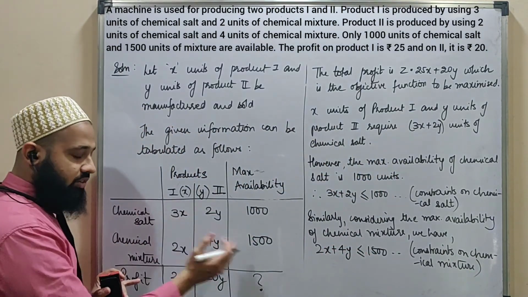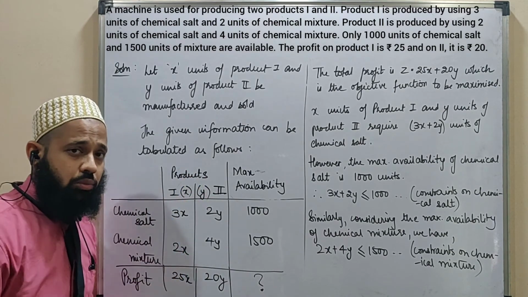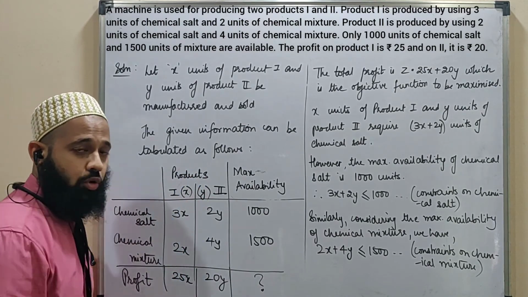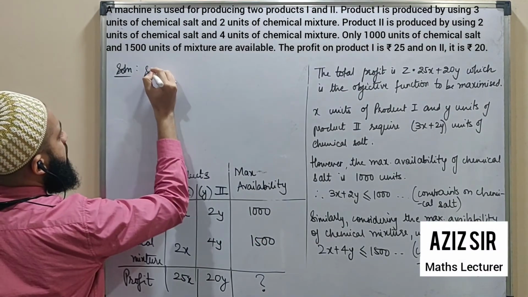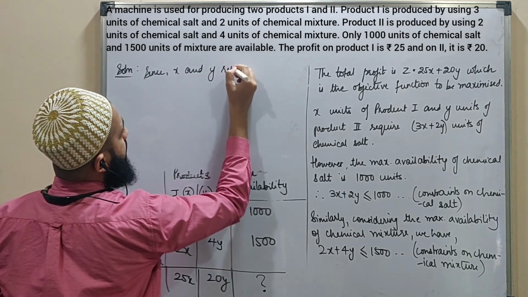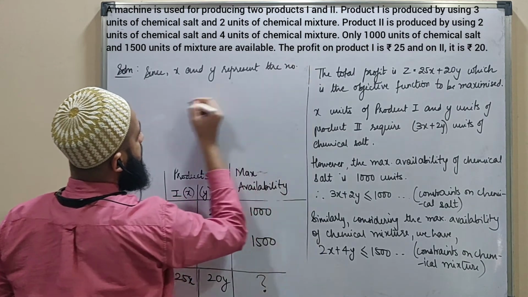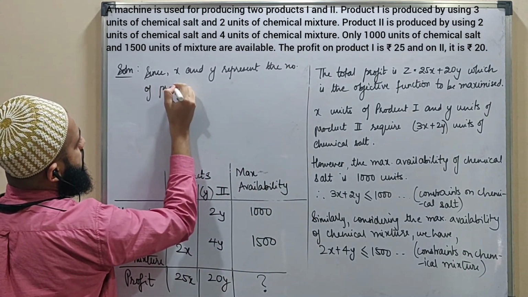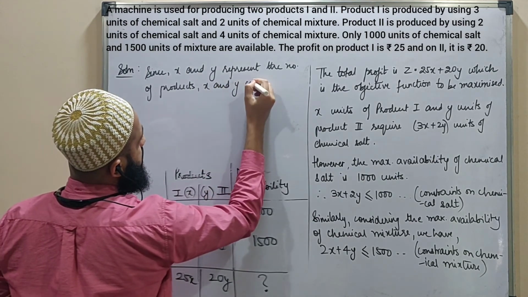So you are ready with your 2 constraints. Now the hidden constraints, that is the non-negativity one, there is nothing more in this. We have utilized all the numbers in the problem. The non-negative constraints will be written as, we can write it here, since x and y represent the number of products, x and y cannot be negative.